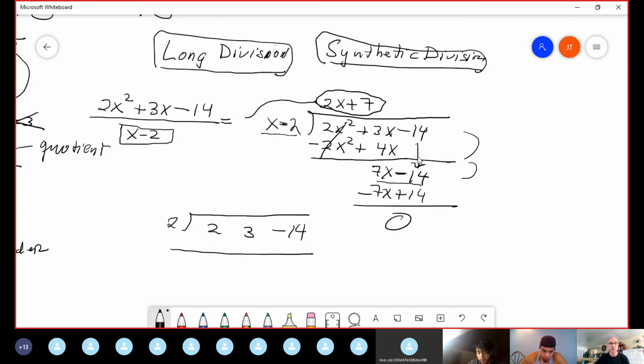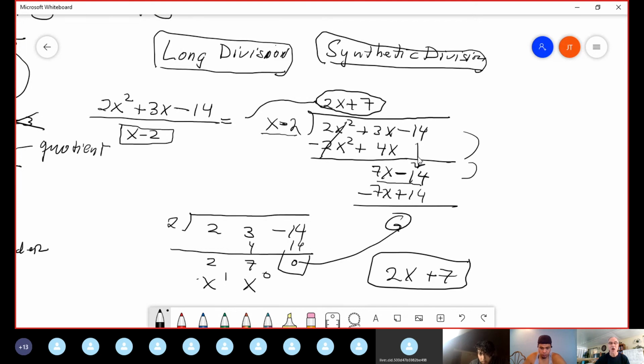Then bring down the 2. 2 times 2 is 4; 4 plus 3 is 7. 7 times 2 is 14; adding negative 14, the remainder is 0. This is exactly the same as the long division, and the answer is 2x plus 7. Exactly the same. Wow, I like synthetic division so much.